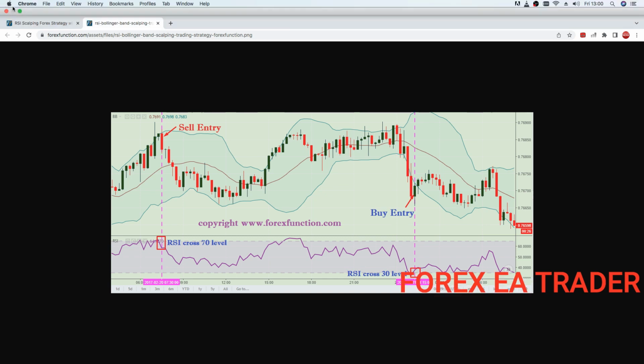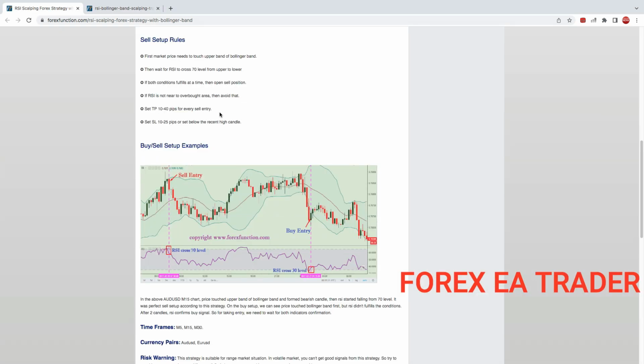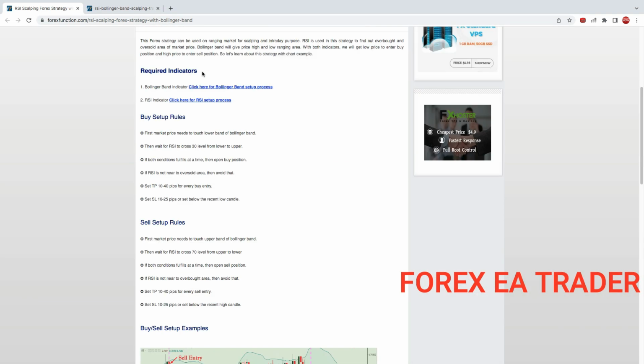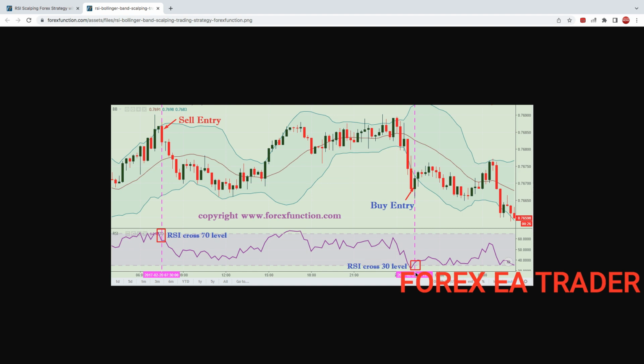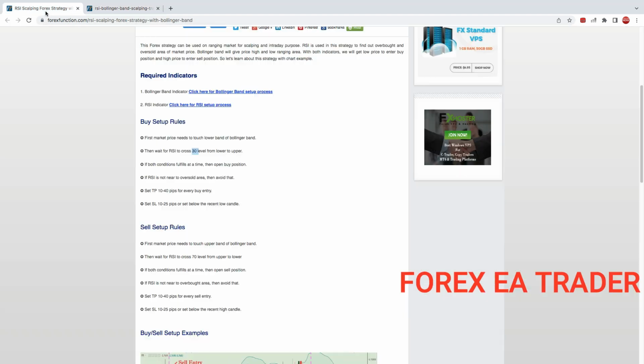Okay, if we go back, we just need Bollinger Bands and RSI. For the buys, first the market price needs to touch the lower band of the Bollinger Band. Then wait for RSI to cross the 30 level. When RSI crosses the 30 level, we are in for a buy.